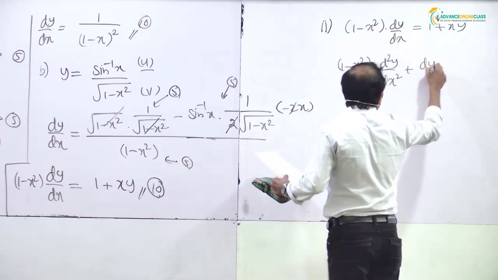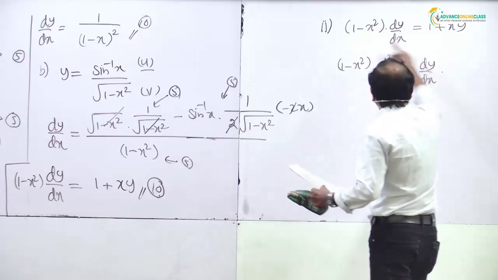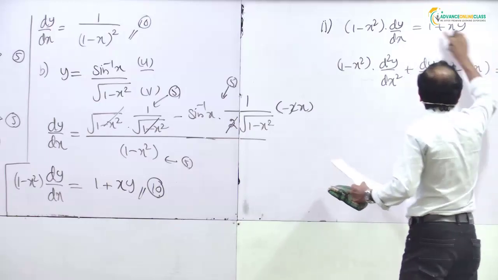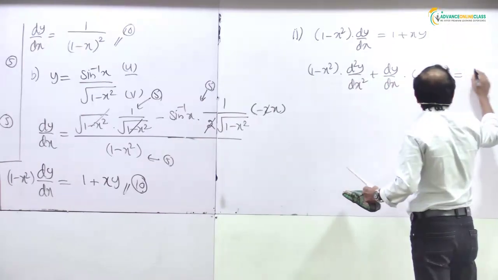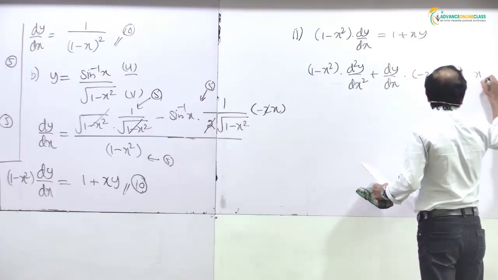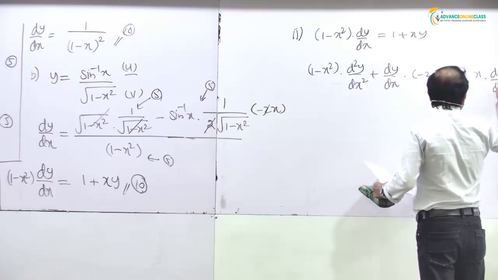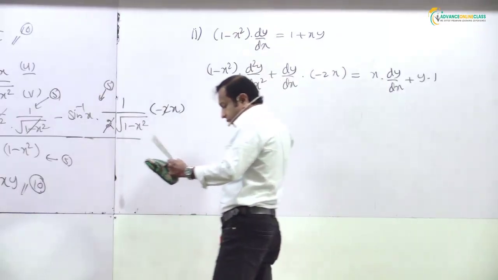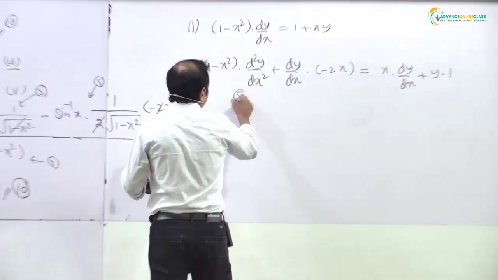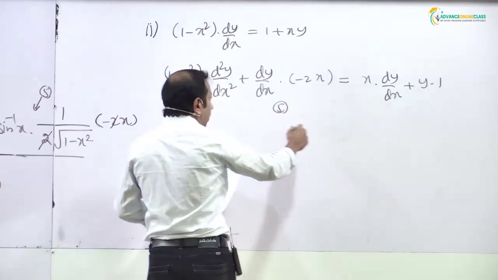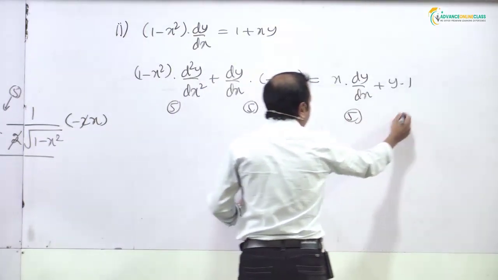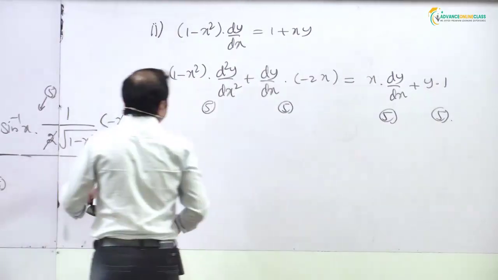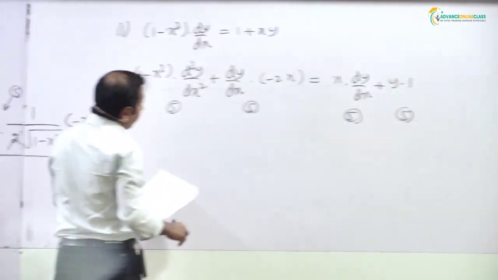And here keep the dy by dx the same, with minus 2x. 1 is a constant alone, derivative 0. Here apply uv again: x into dy by dx plus y into 1. So 5 marks here, here, here, here, altogether 20 marks. Then here we get the answer.